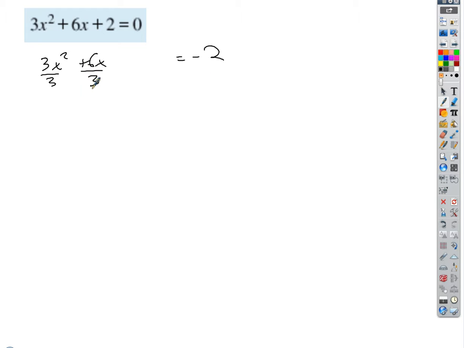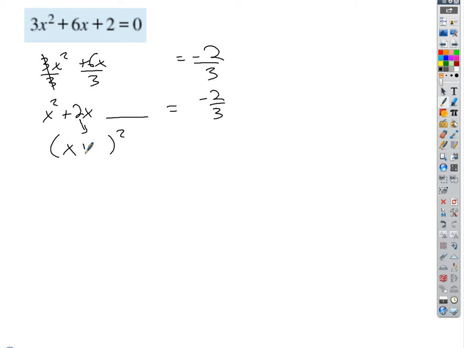I'll divide both sides through by 3 to get the x squared by itself, which is what we need. 6x over 3 is just 2x, leave a space. And then on this side I've got my -2/3. Okay, so what are we going to do then? We're just going to complete the square on the left.